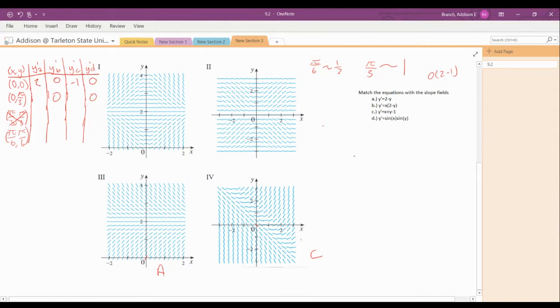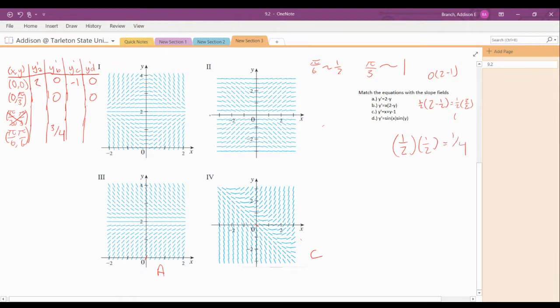For B, we're going to get 1/2 times 2 minus 1/2, so 1/2 times 3/2, which is about 3/4. And then D, we know sine of pi over 6 is going to be 1/2. So we're going to get 1/2 times 1/2, so that one's going to be 1/4.